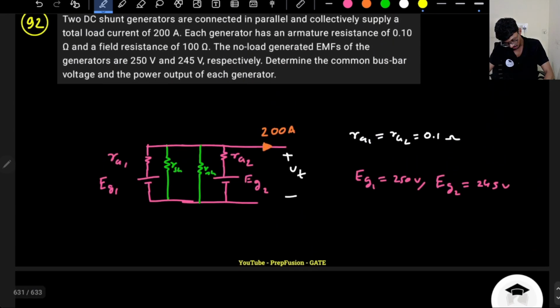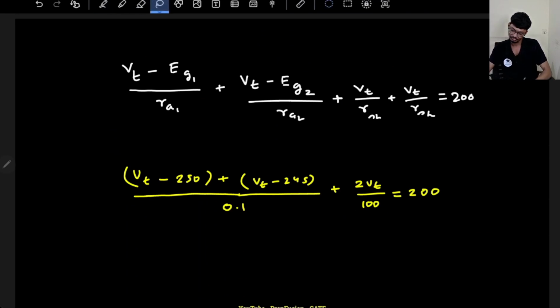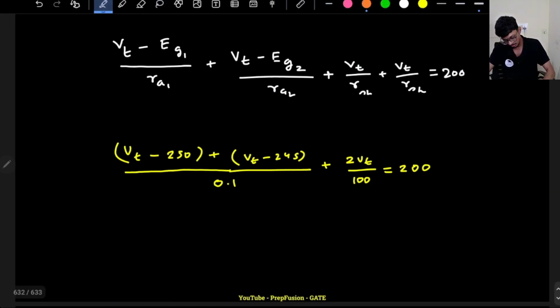Rsh is 100 ohms. So this is equal to 200.